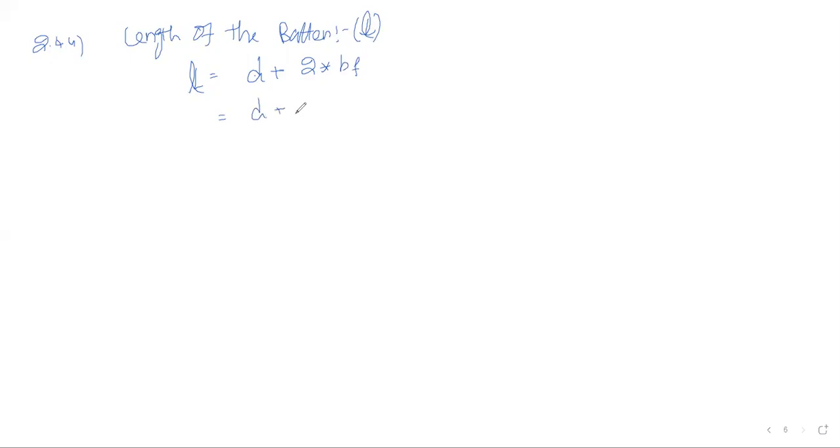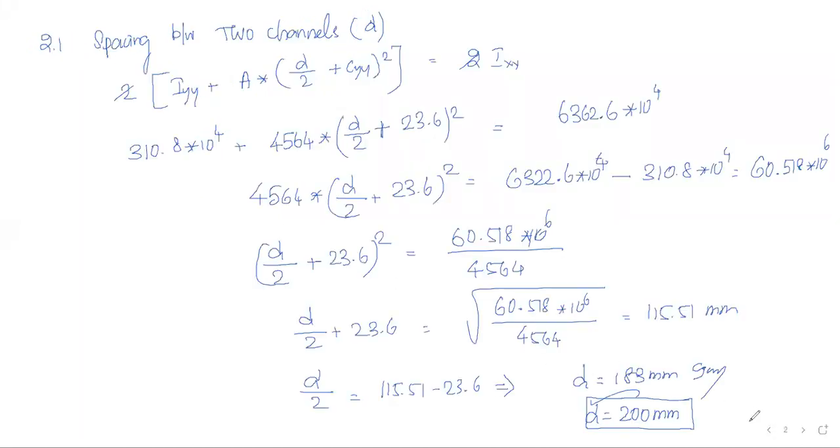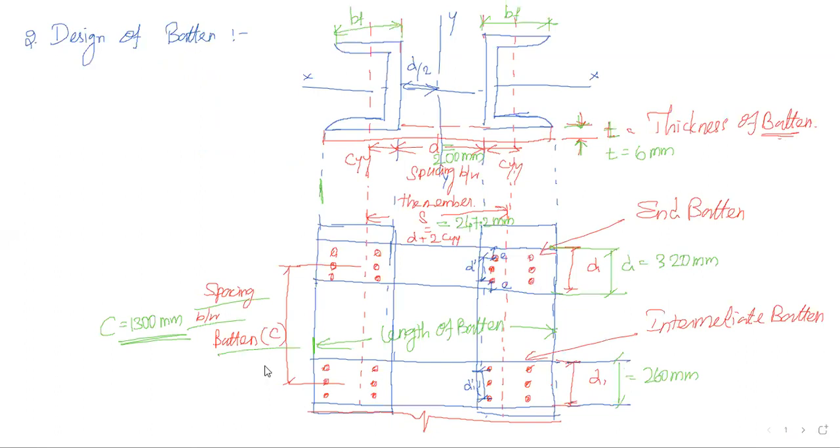The breadth of flange is 90 mm. So 2 into 90 becomes 180. Sorry, 380 mm is the length of batten. So the length of batten L is equal to 380 mm from this end to this end.